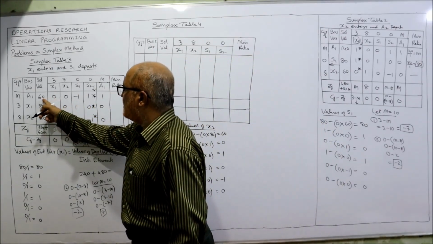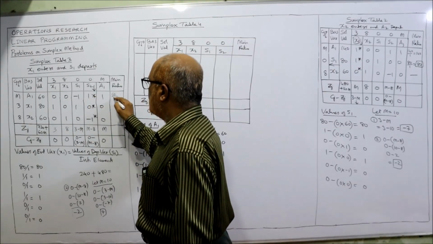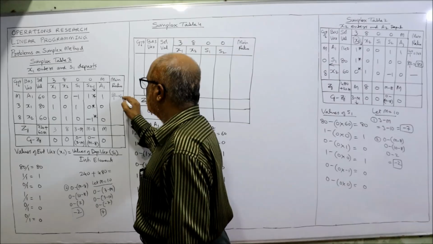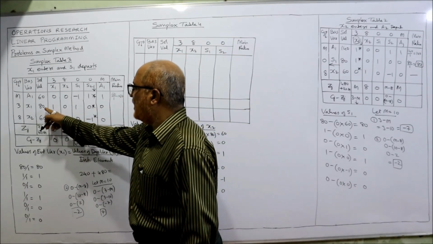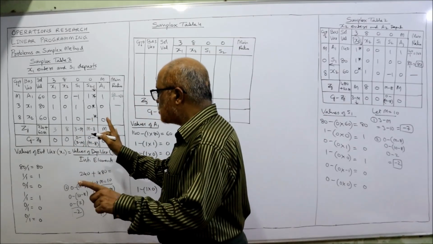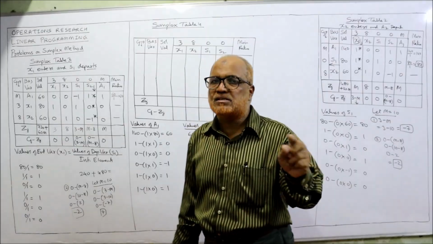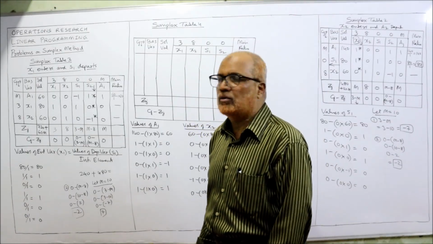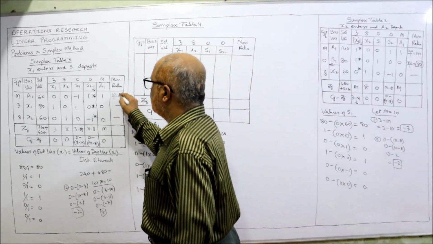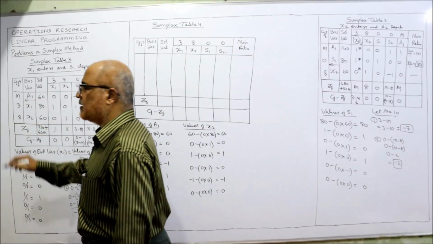So here the solution value is 60 and the intersectional element is 1, so 60. Here the denominator is 0, 80 divided by 0 is undefined. 60 divided by minus 1 should not be calculated. If the denominator is 0 or negative, you should not calculate the value. So what is the minimum ratio? 60. So which variable will depart? A1 will depart.